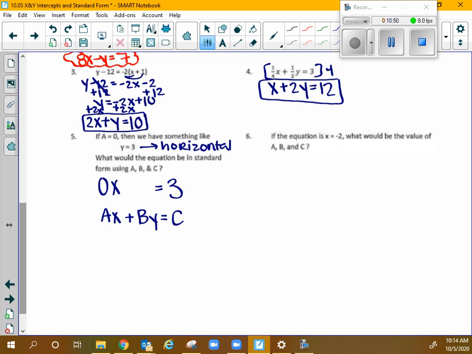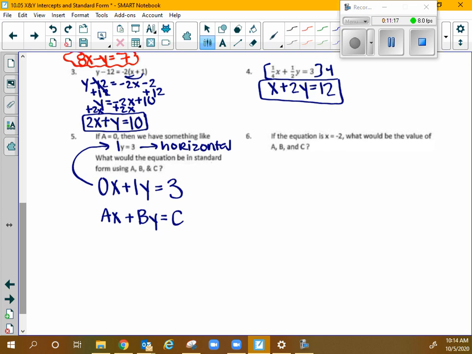No. What's the coefficient of y? How many y's is there? 1. So it says, what would the equation be in standard form using a, b, and c? So 0x plus 1y equals 3. Realistically, if I rewrote it, it would be back at the same thing, right? Because I shouldn't have to write 0x.